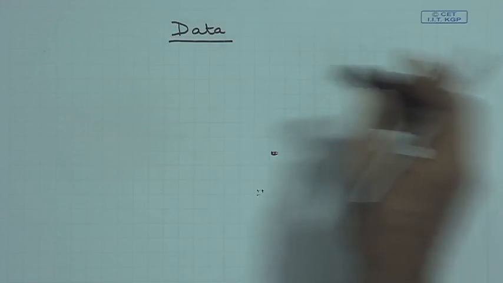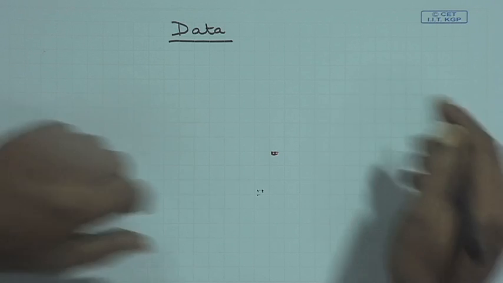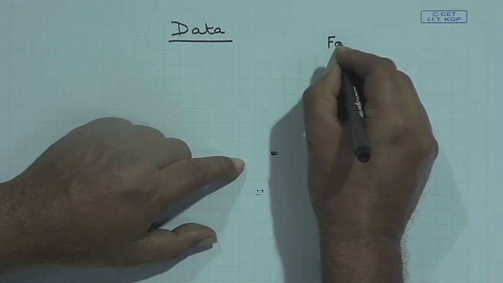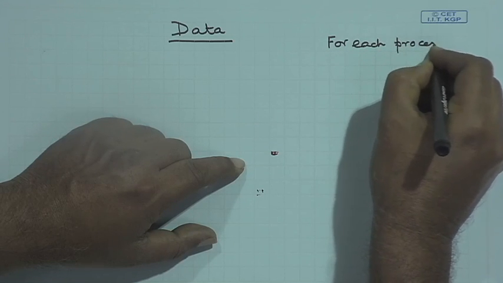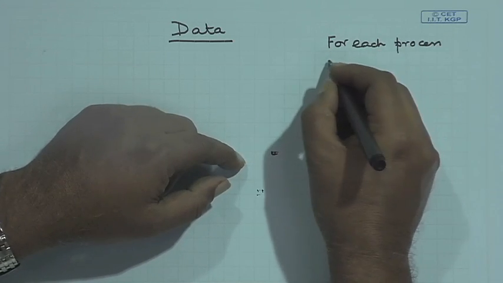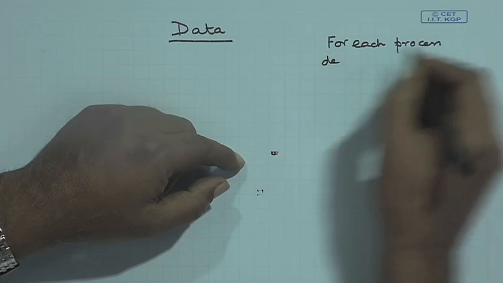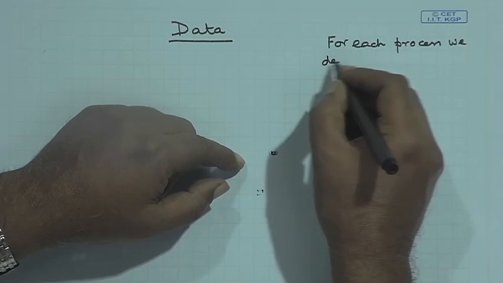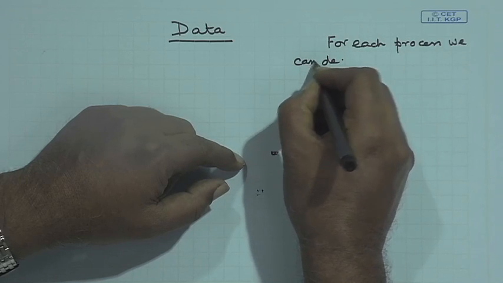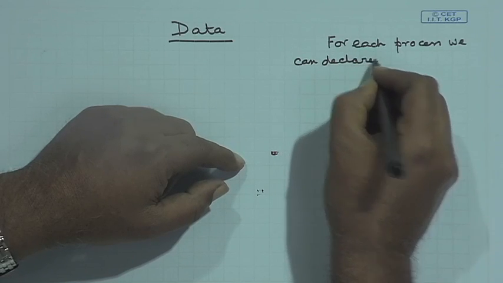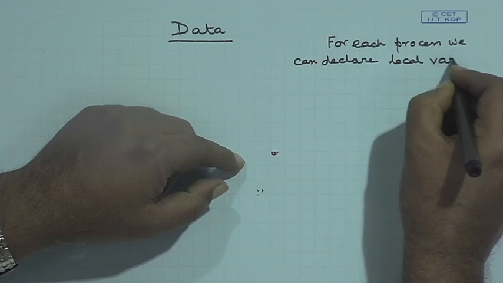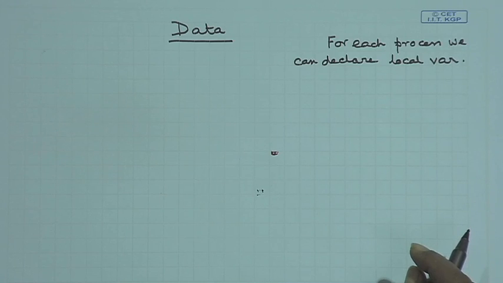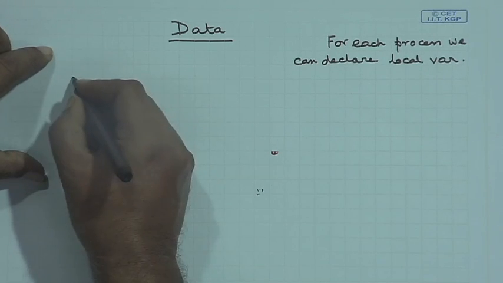Now, here for each process we can declare local variables and with type specified, right. So, let us have an example.